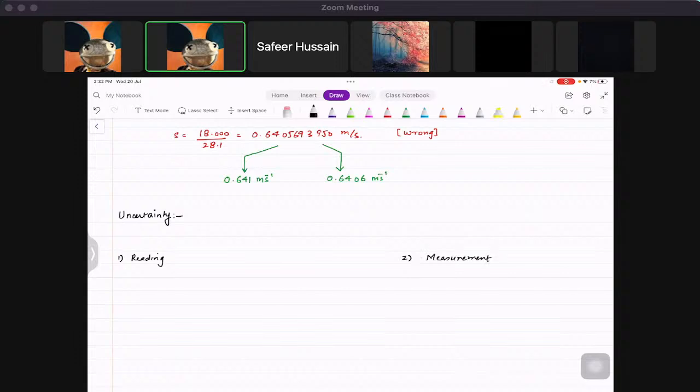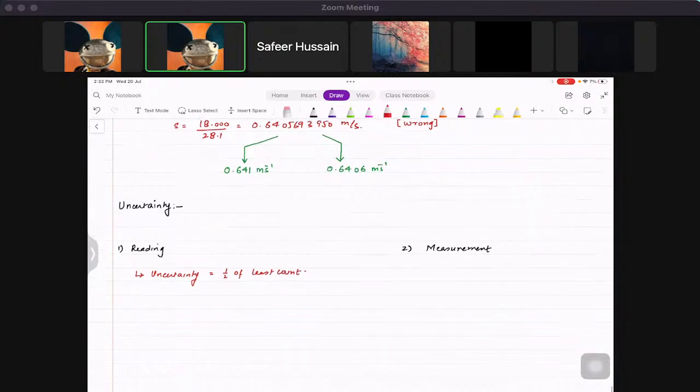Now, whenever you're taking a reading on an instrument, you must always remember that uncertainty in an instrument is equal to half of the least count. And you guys now know what the least count is.